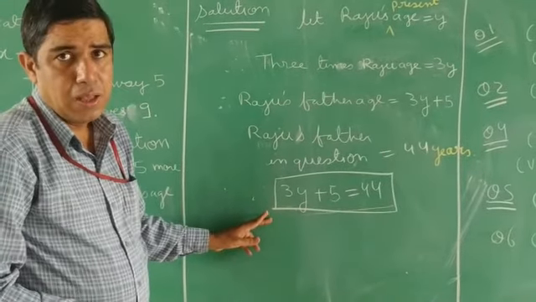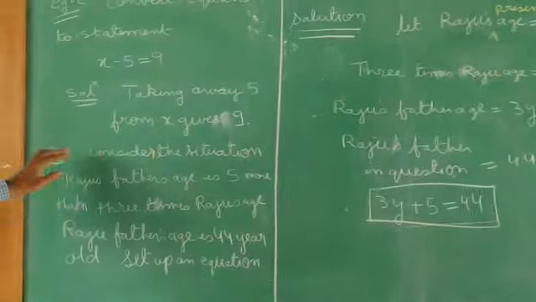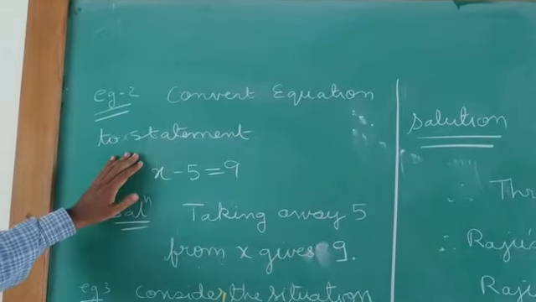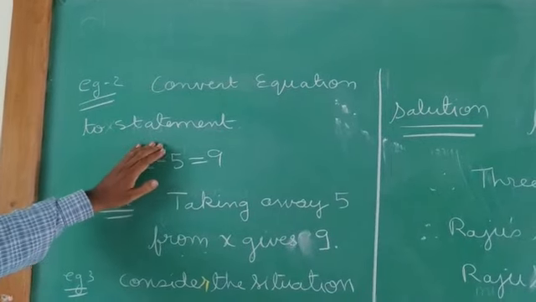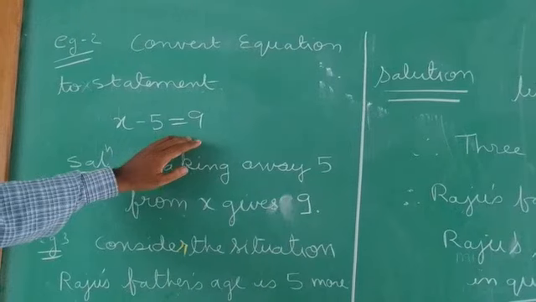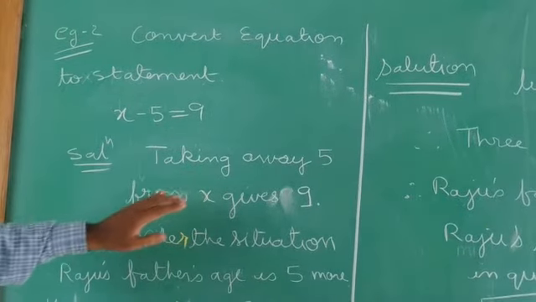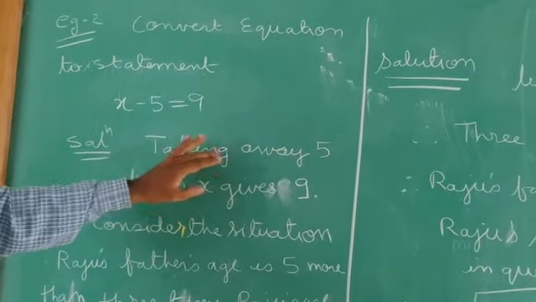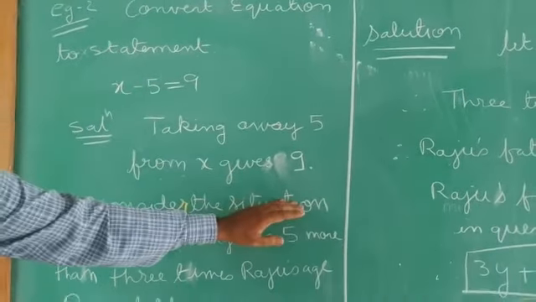Let me explain once again from the question. Example number 2, convert the equation to a statement. The equation given here is x minus 5 equal to 9. So taking away 5 from x gives 9. I am removing something from x and I get the value 9.